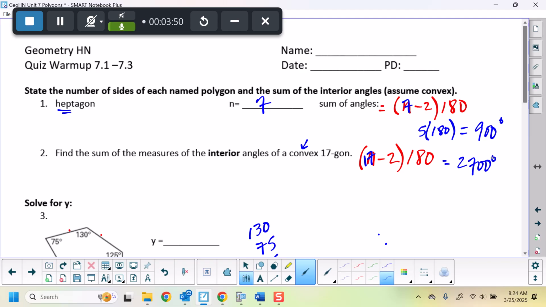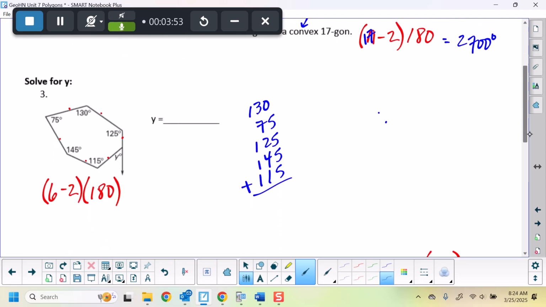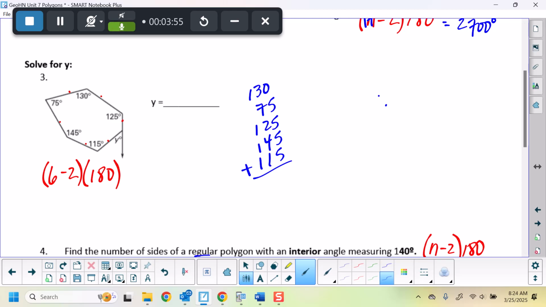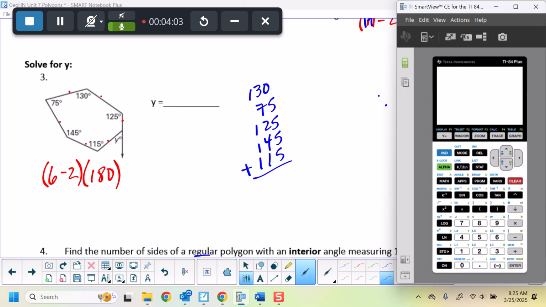All right. For here, when I go to find my values for y, this is a really good reminder that not every shape we're going to be dealing with is regular. So I need to go to my calculator and do some math here. So 130 plus 75 plus 125 plus 145 plus 115.